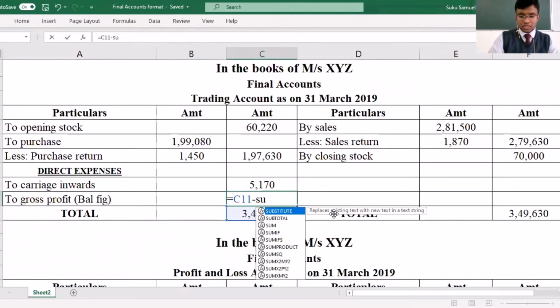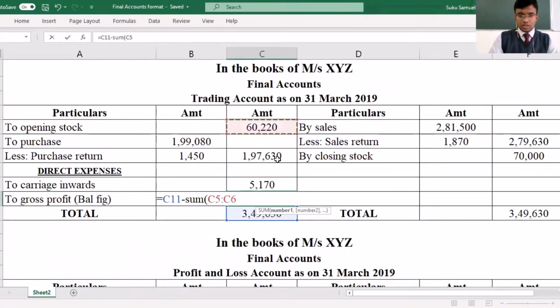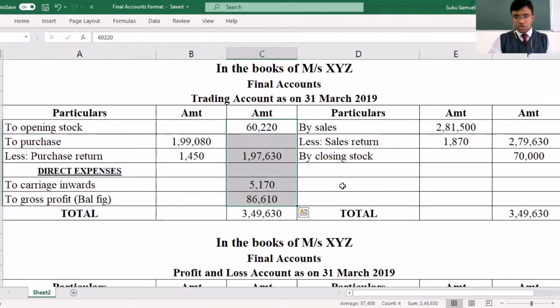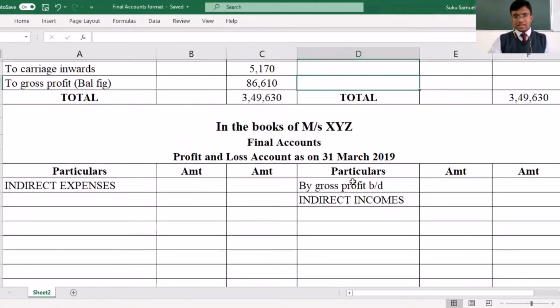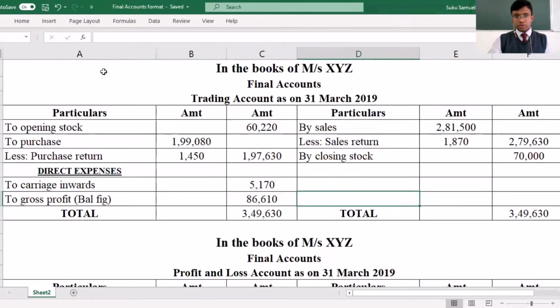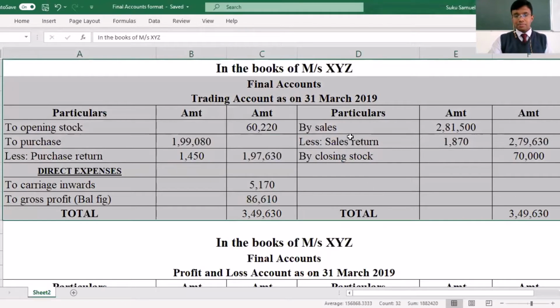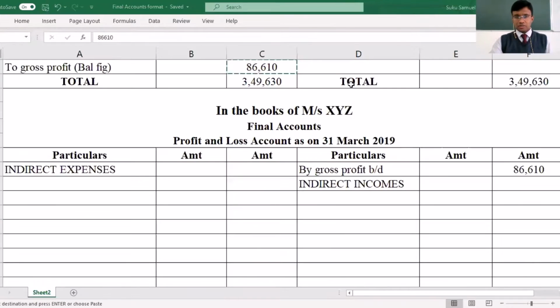Once you do that, you see that your gross profit works out to be 86,610. So with that, we have completed the preparation of the trading account.